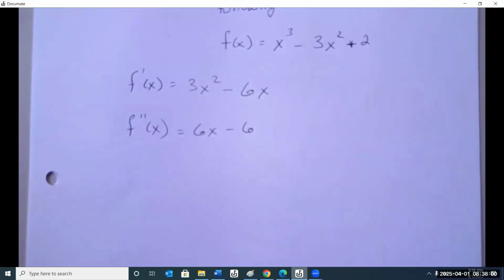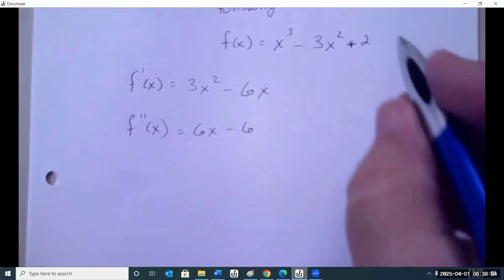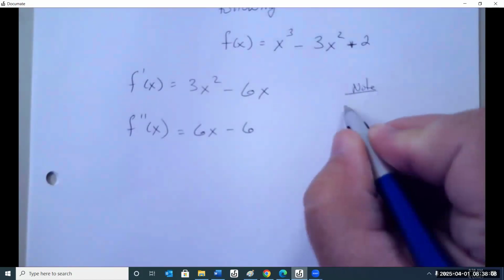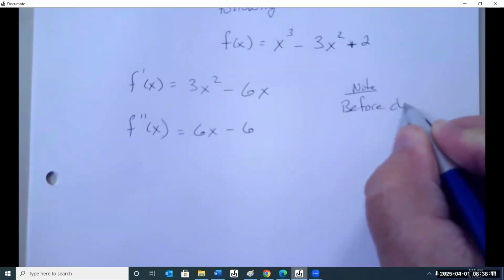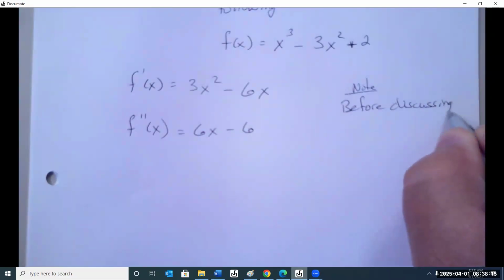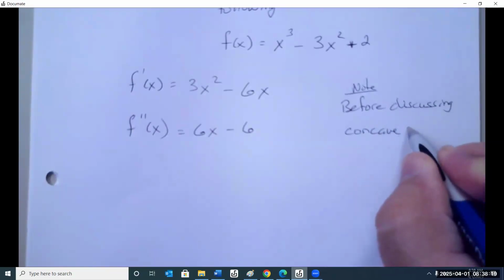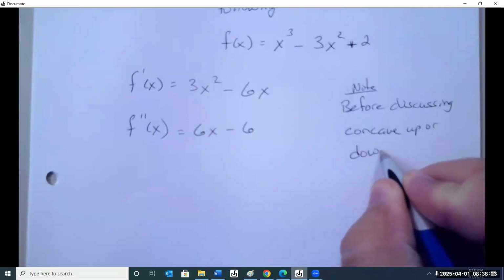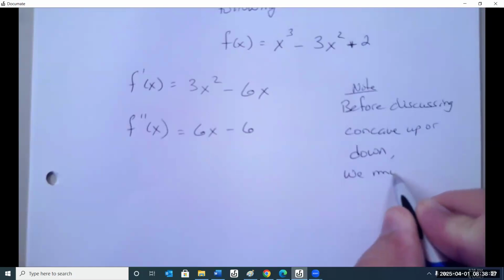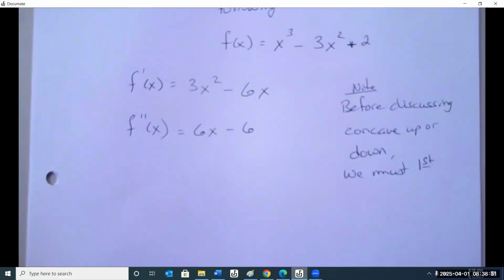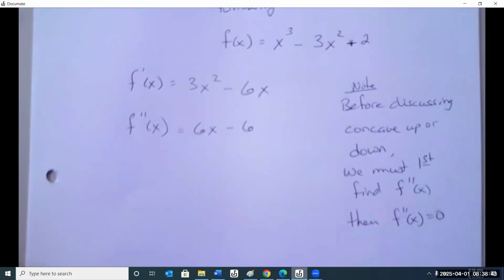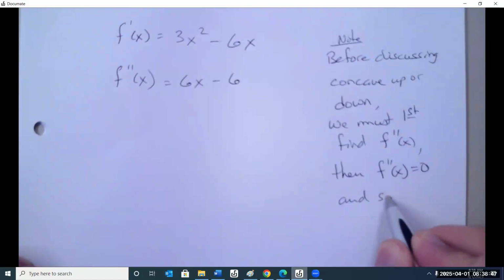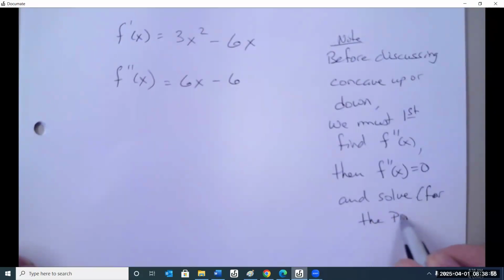Before discussing concave up or down, we must first find the second derivative, then set it equal to 0 and solve for the point of inflection.